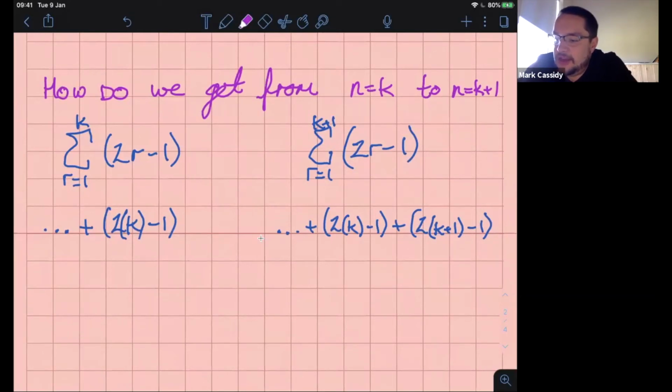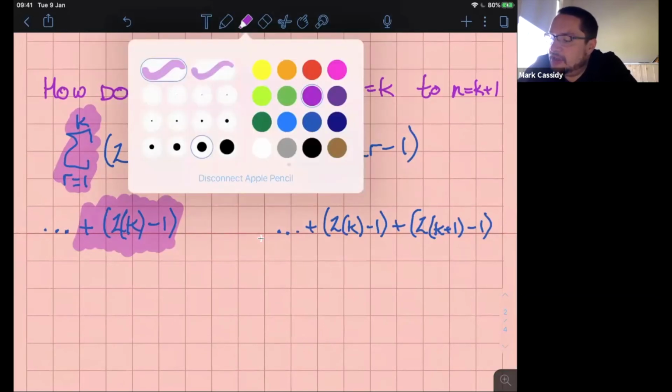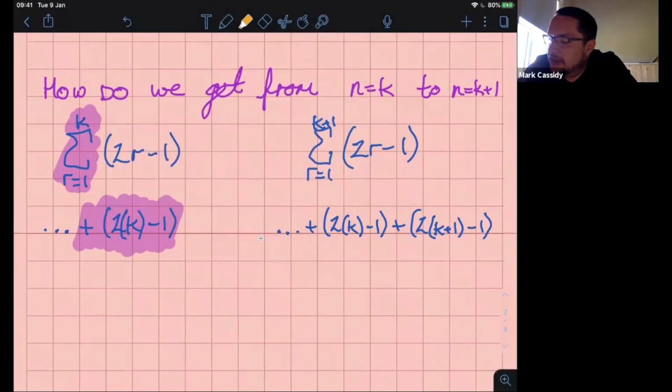So on the left-hand side, this one here, that summation only goes as high as k. The biggest number it has in it is k. So it ends with 2k take away 1. Are you happy with that, Lucas? That's the last term in that series. Now, this one over here on the right-hand side ends at k plus 1.